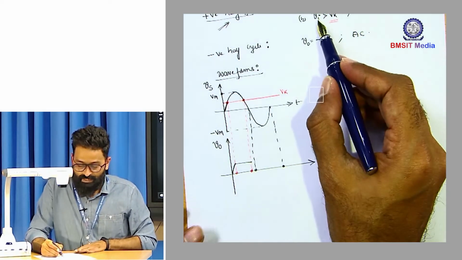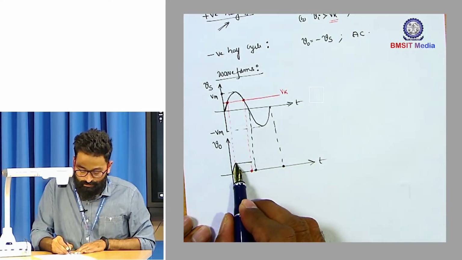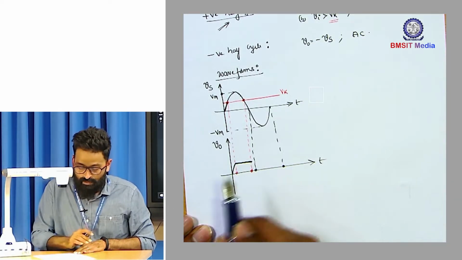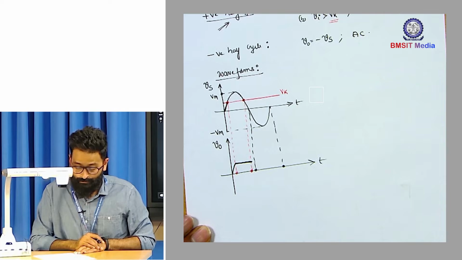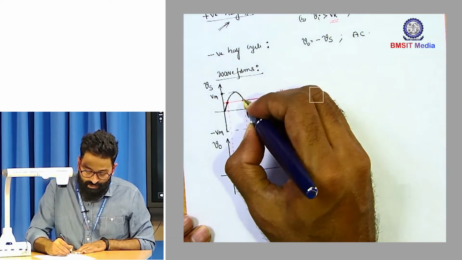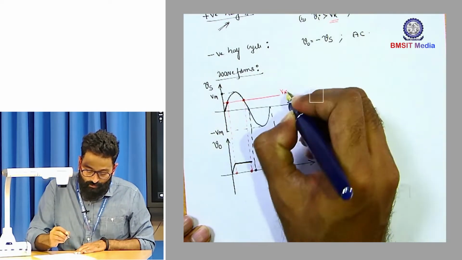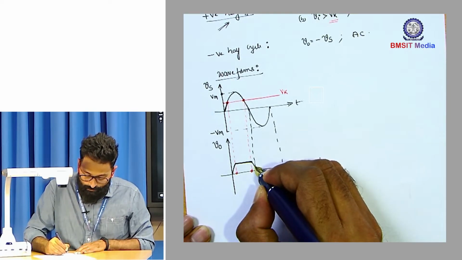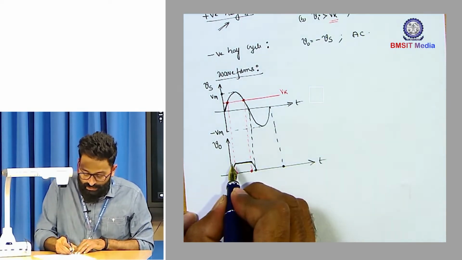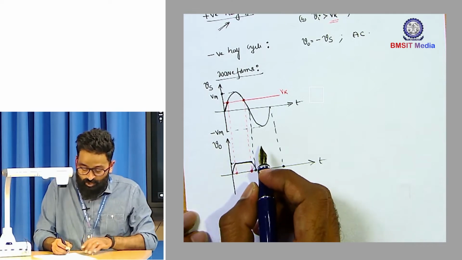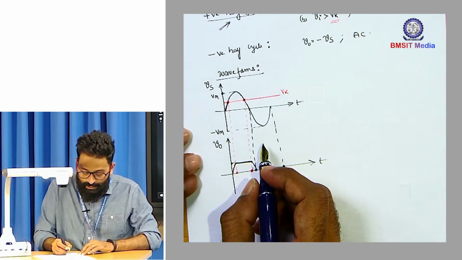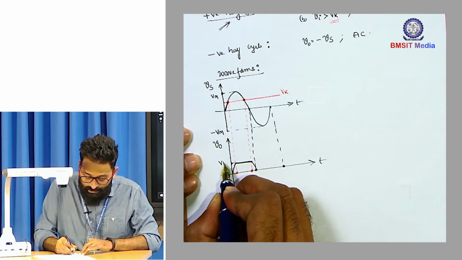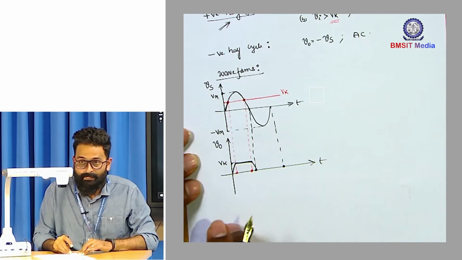So beyond Vk level, the output is held at plus Vk value. And once again, when the input falls below Vk value, the output follows the AC input. So what you are seeing is that the positive half cycle of the output is getting clipped at Vk level. Okay.